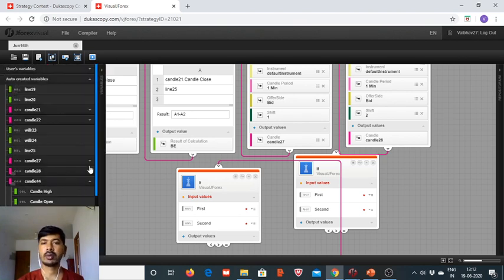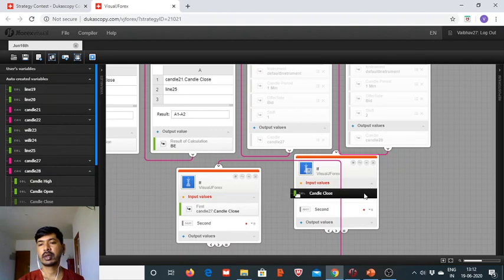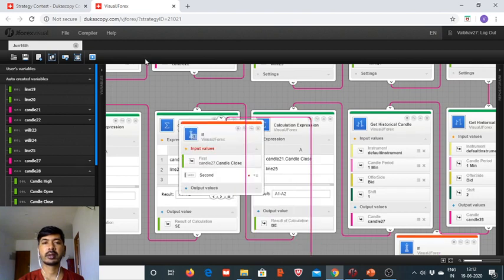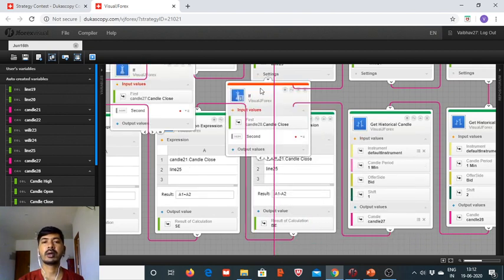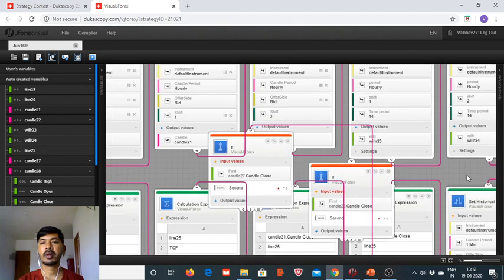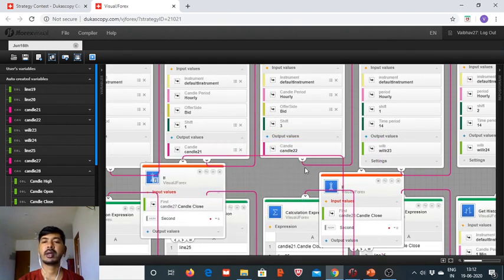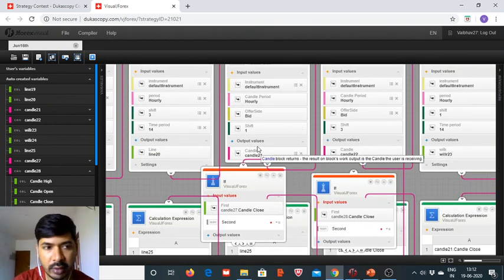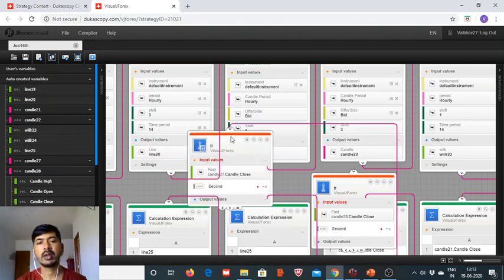So here what we do is we take candle 27's closing level, which is 1 minute candle of shift 1, and then candle 28's closing level, and then we have to compare these two closing levels to make sure that price was dipping below the last hourly candle close, and that is this candle 21 with shift value of 1.